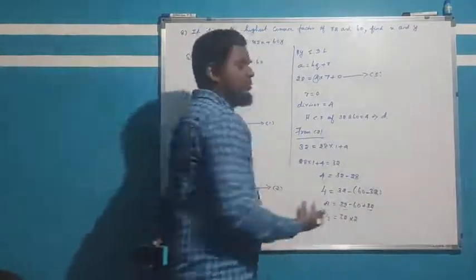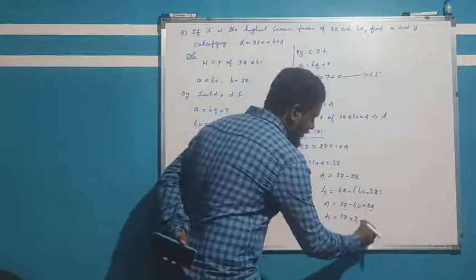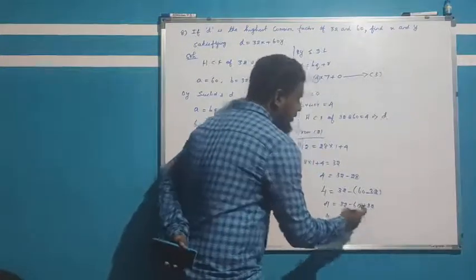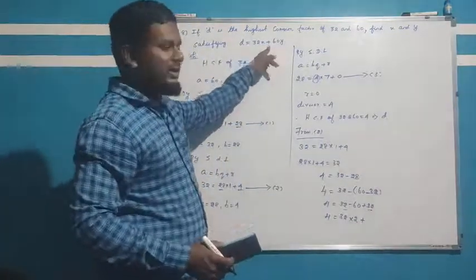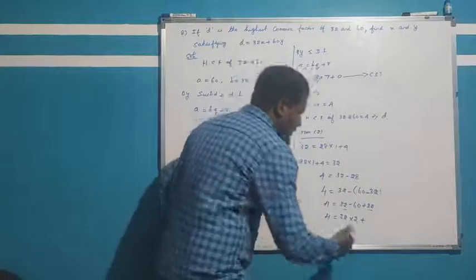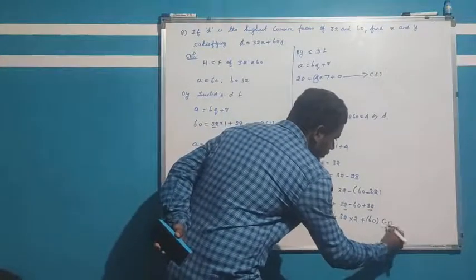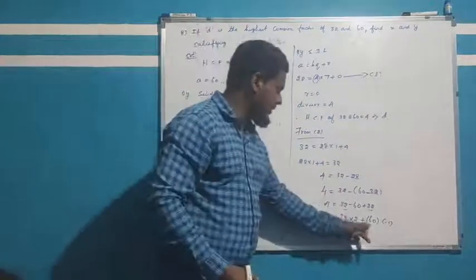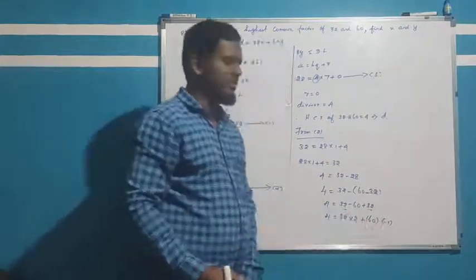So 32 into 2 is the same meaning, 64 only. Then minus 60 we can convert, with the plus sign only in this form. Then 60 into minus 1, the same meaning, minus 60 into minus 1, we will get minus 60.